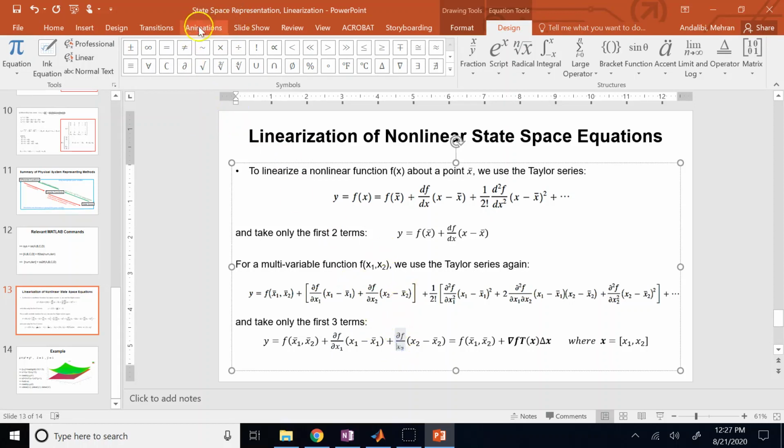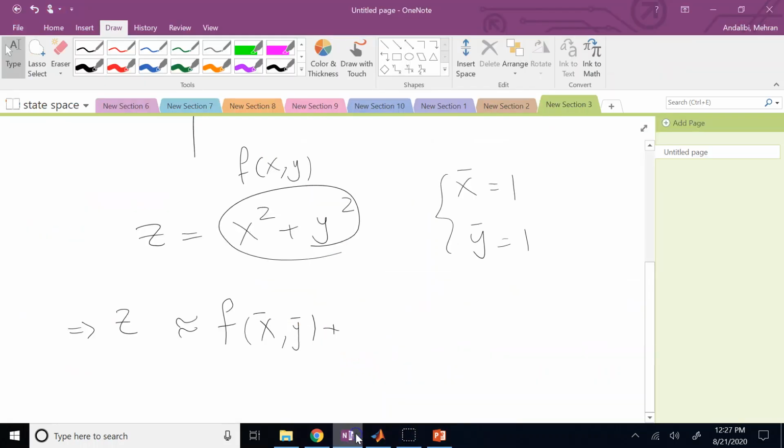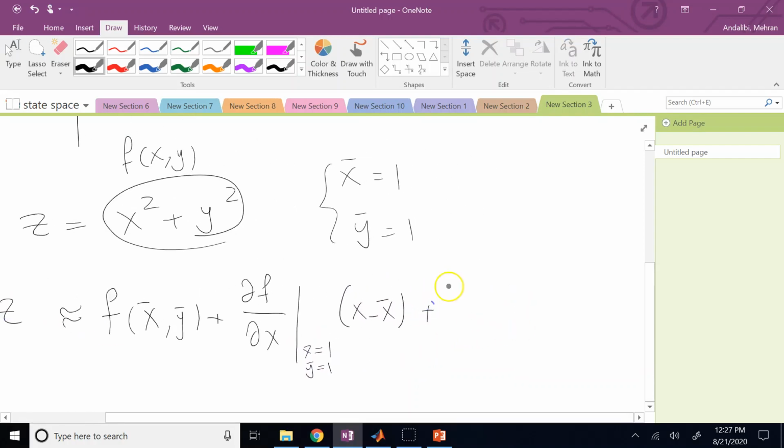So partial derivative of f with respect to x1 calculated at the operating point multiplied by x minus x bar. So partial derivative of f with respect to x here, calculated at this point, multiplied by x minus x bar, and then a similar term for the y.